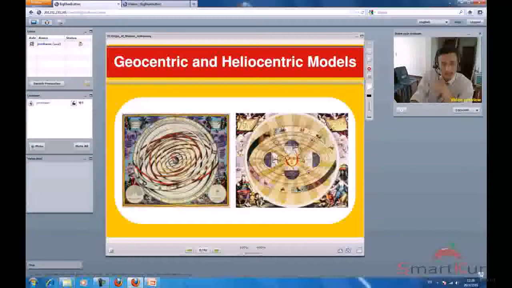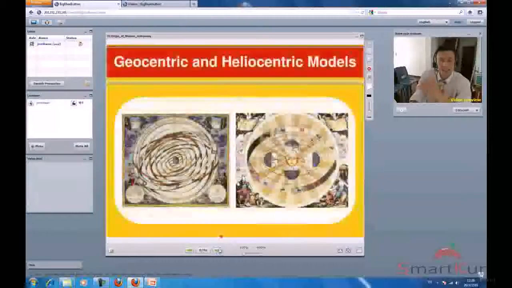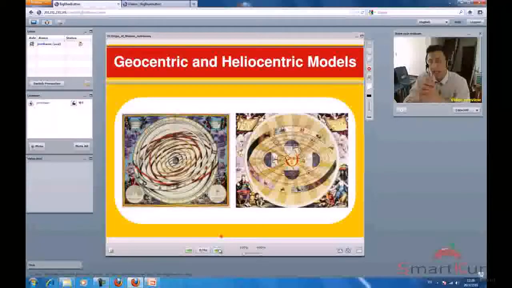And if you look at that picture on slide 9, you will notice we have the earth here at the center of the universe, with all the different planets and stars moving around the Earth. The second model that we see on the right is the heliocentric model. Helios is the ancient Greek name for the sun.